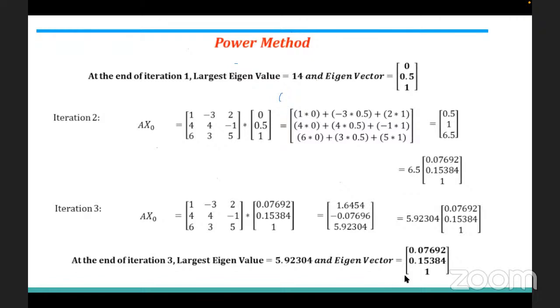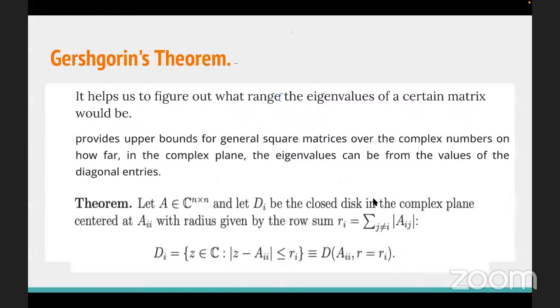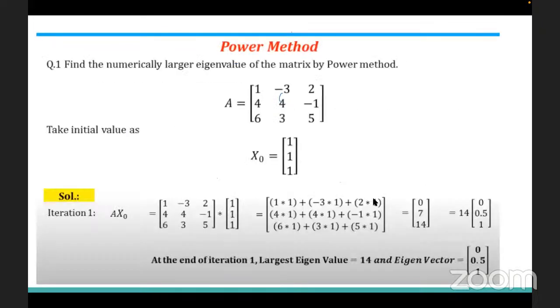So if you pick this vector you are looking at here, 0.076, 0.15, and 1, and multiply it by your original matrix A, it's not going to really change because it's small compared to when you have 1, 1, 1, which is the first one. Do you understand?